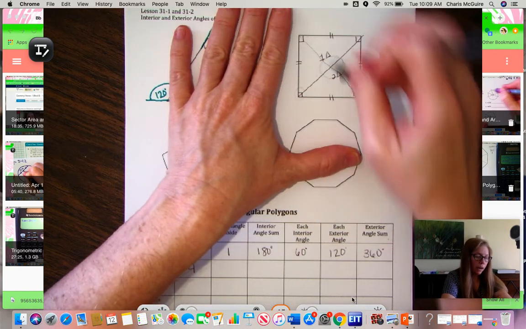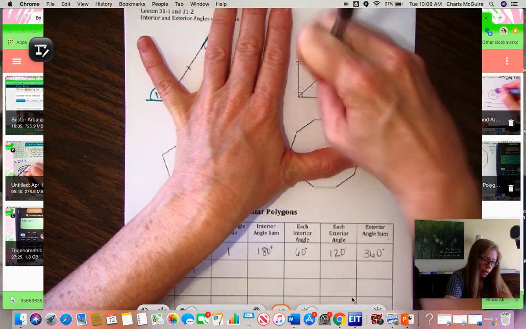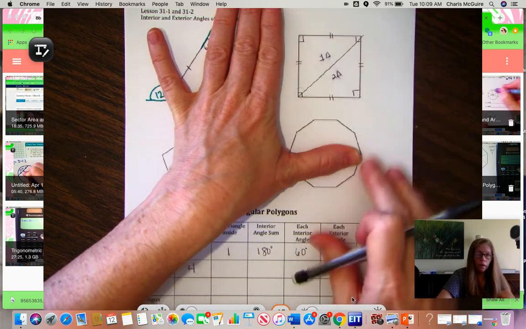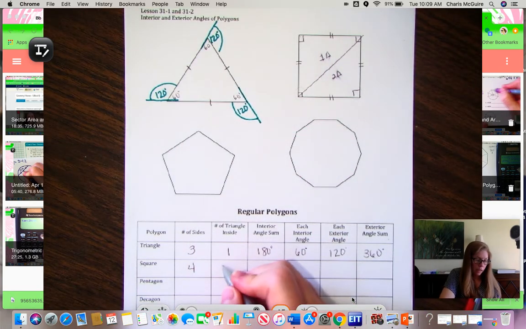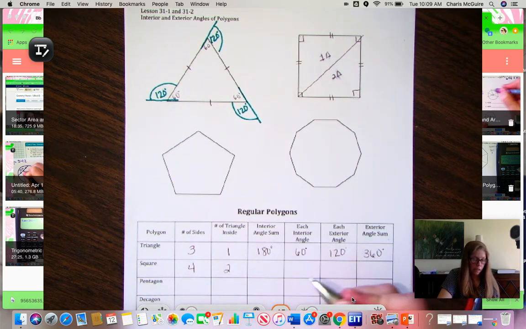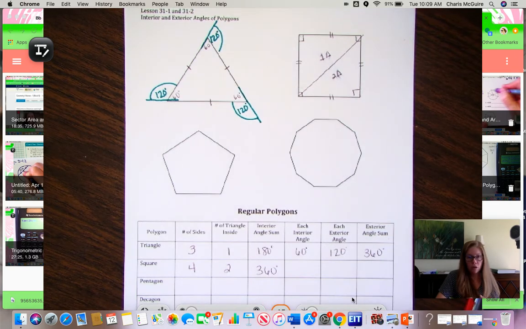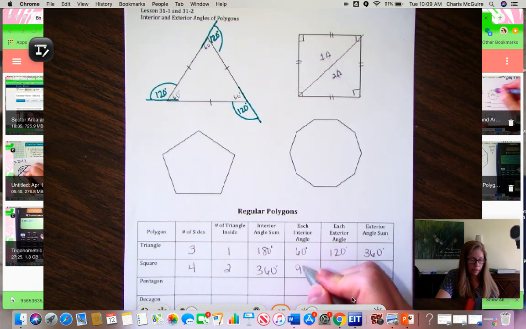So I'm going to take that off, and we're going to focus on our two triangles. This should make sense because we've studied quadrilaterals, and you should know there are two triangles in here, and 2 times 180 is 360. That's the total degree measure. Right now, each interior angle is 90 degrees.